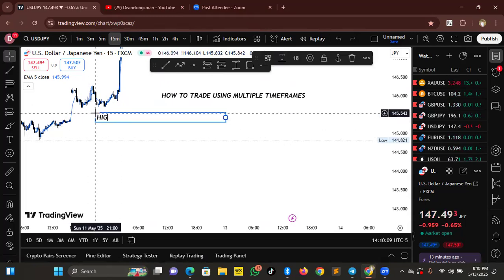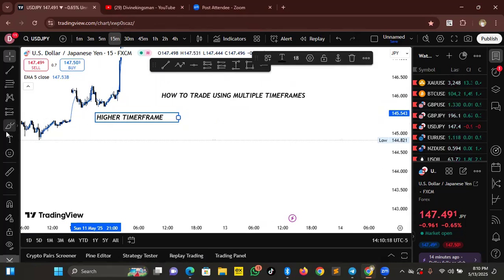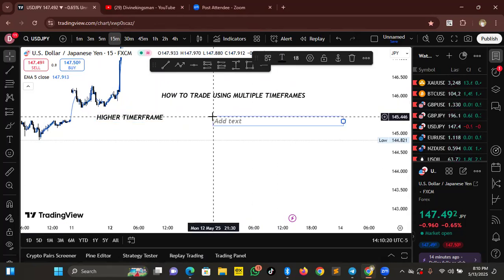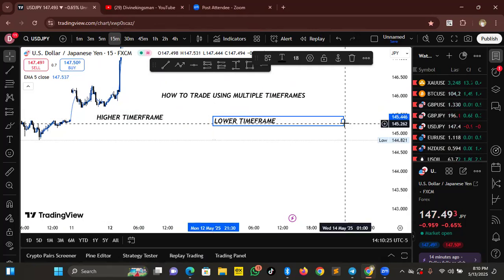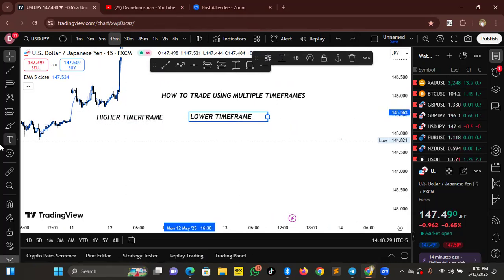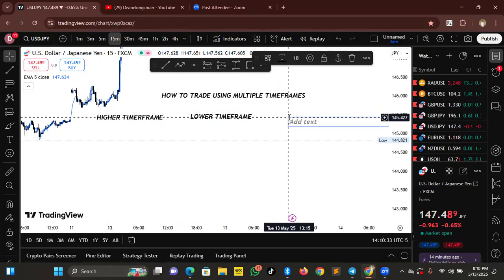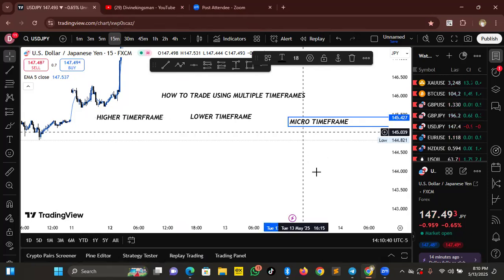We have the higher time frame, then the lower time frame, and then the other one we can call the micro time frame.